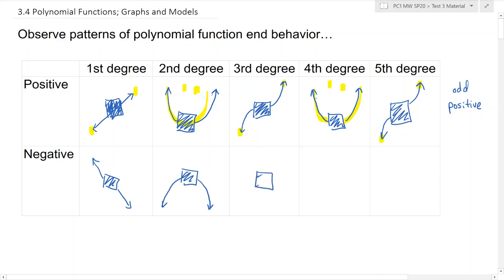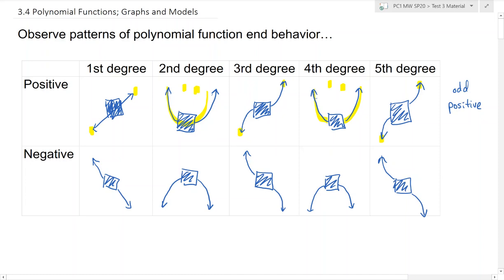My cubic, if it is odd and negative, it's going to be doing something like this. And here, fourth degree and negative, the ends are doing this.